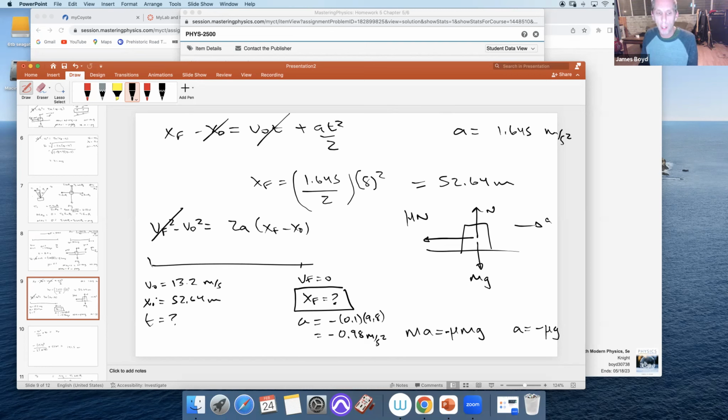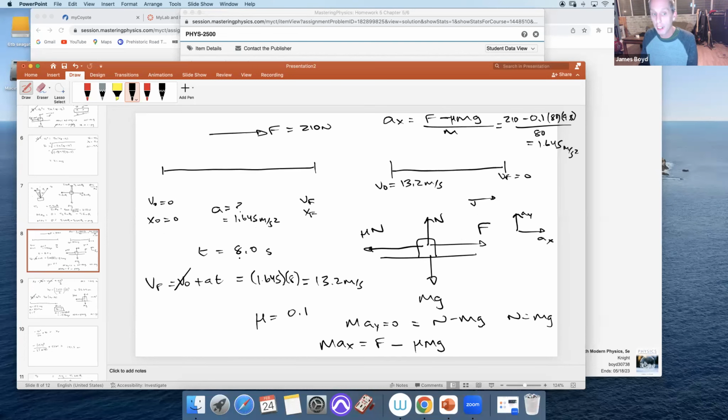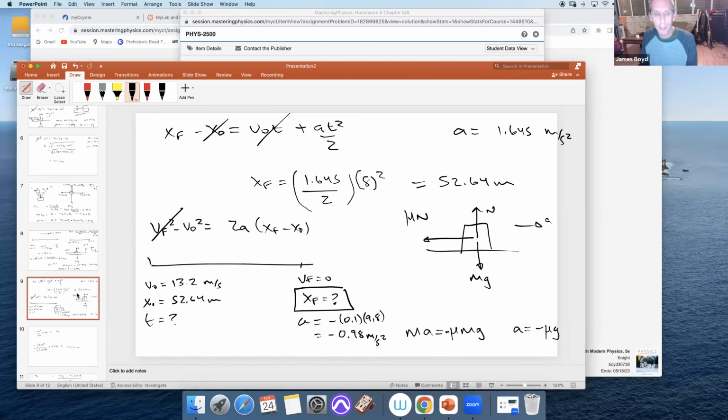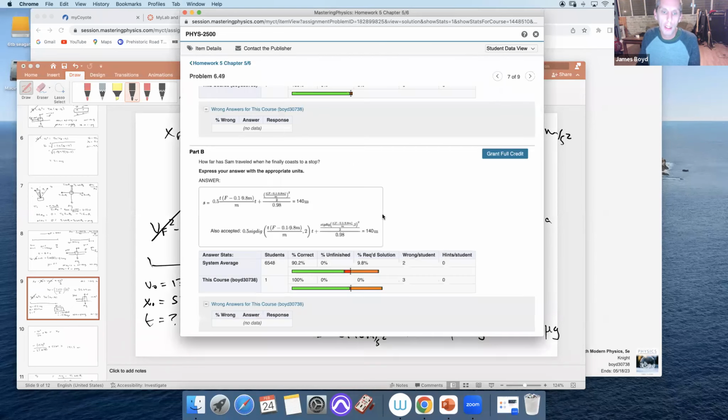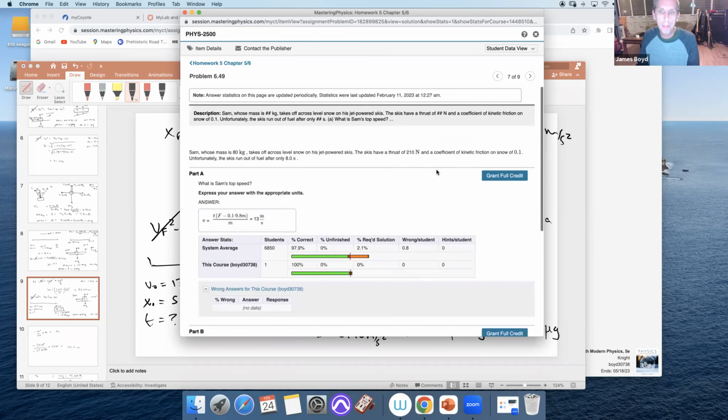X initial is wherever he ended up. So you needed to actually calculate what x final was, but you had time, so it's not hard. And then we find x final for the second phase. The acceleration is simply the force of friction because there's no force, and it's negative because it's opposite the direction of the velocity. It's not too bad, I don't think. But yeah.